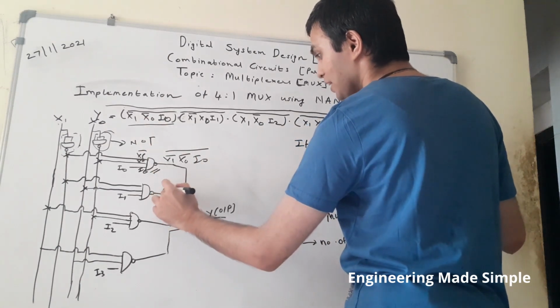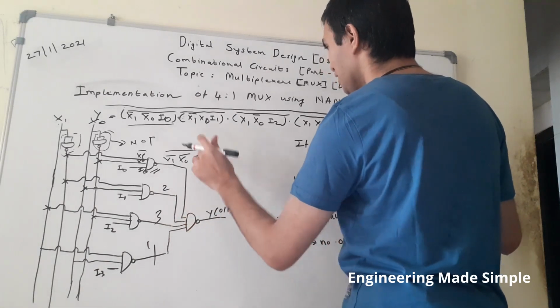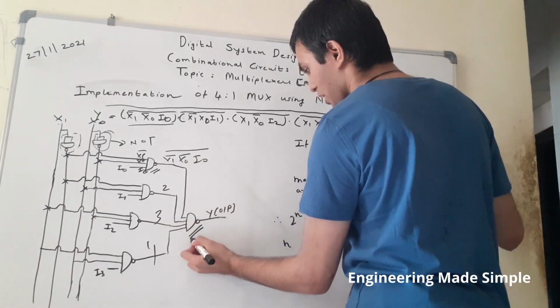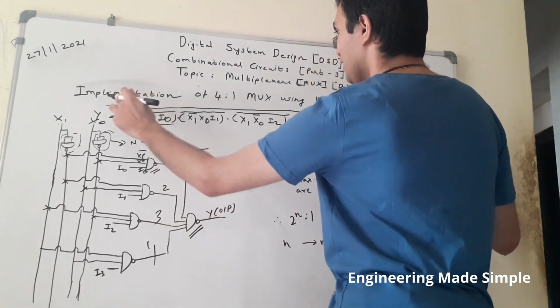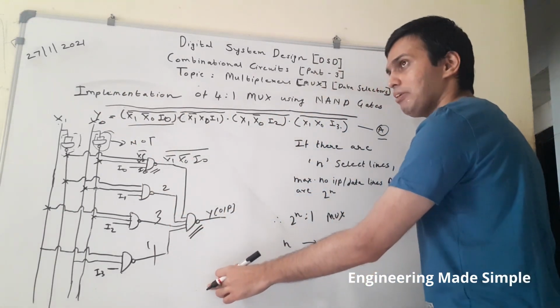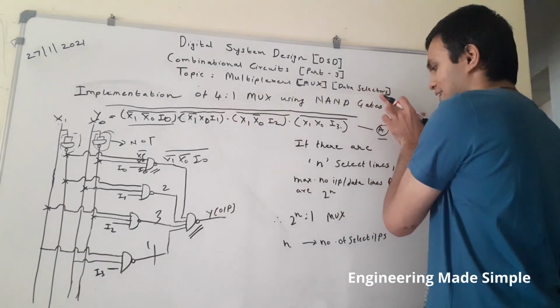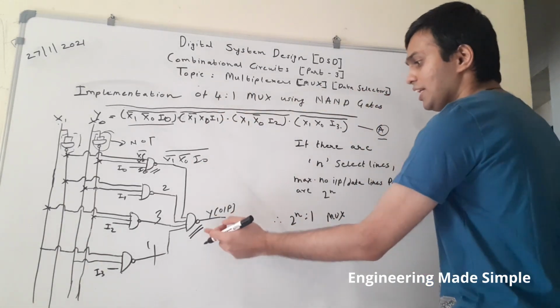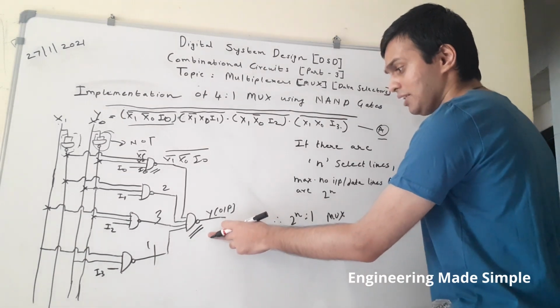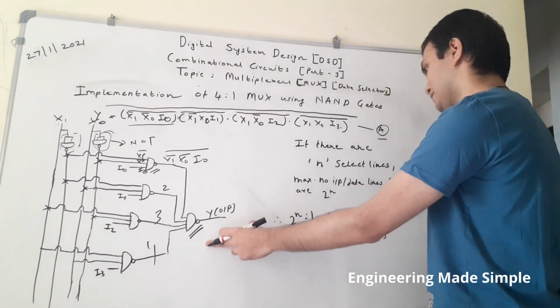Similarly, the other three terms we will get, and again we will pass them through the final NAND gate to get the upper complement. So this is how the whole circuit is implemented using NAND logic, that is a 4:1 multiplexer using NAND gates alone. Any doubts regarding this implementation, you will need to refer to my lecture on universality of NAND gates.